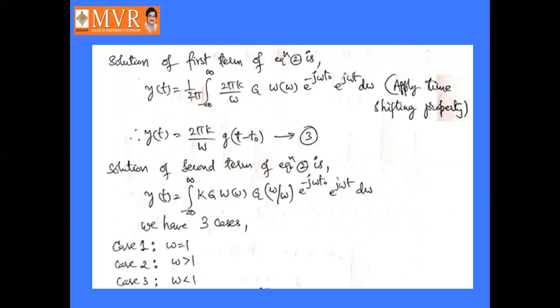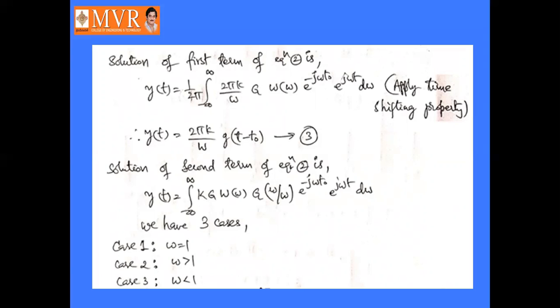Okay, so that will become y of t is equal to 2 pi k by omega into g of t minus t naught.